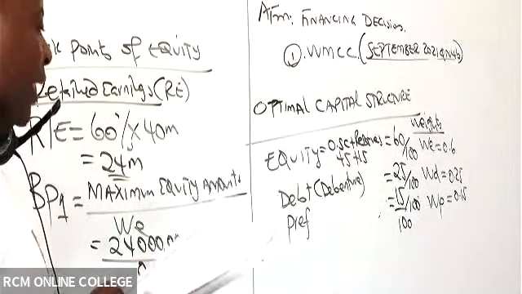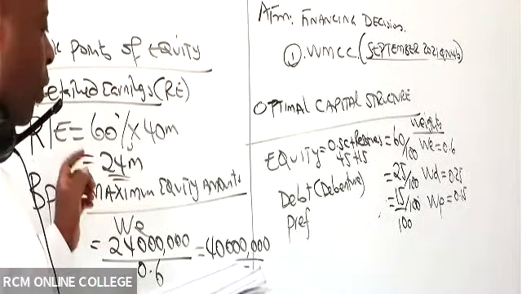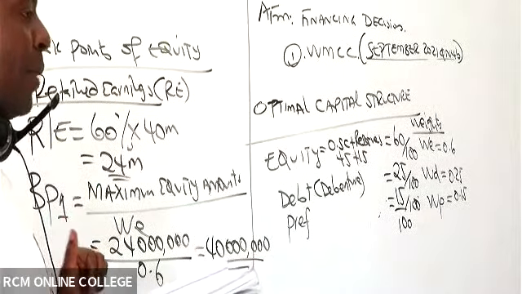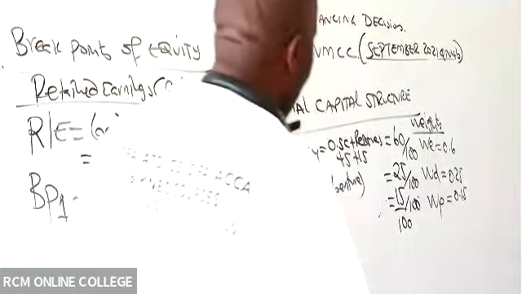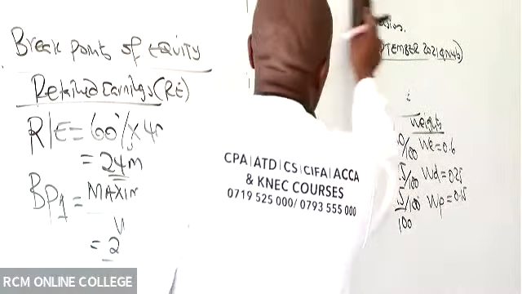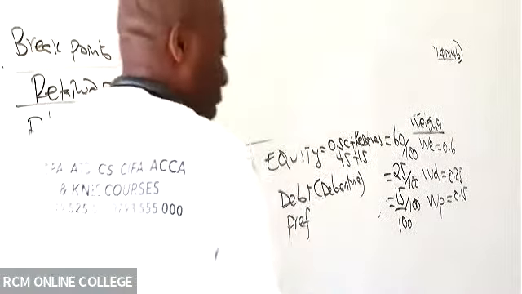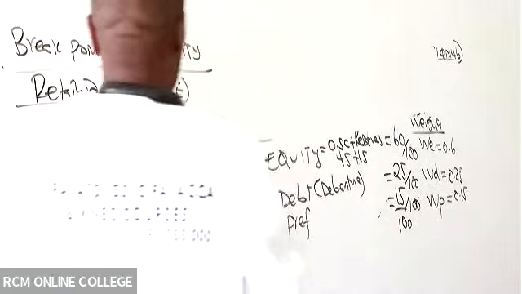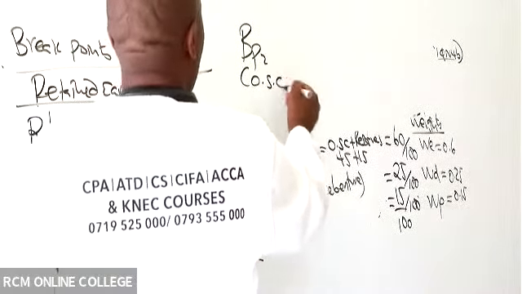Now, ladies and gentlemen, after that, go ahead and give me the breakpoint for ordinary shares. Still within equity. So that will be breakpoint 2, ordinary share capital.